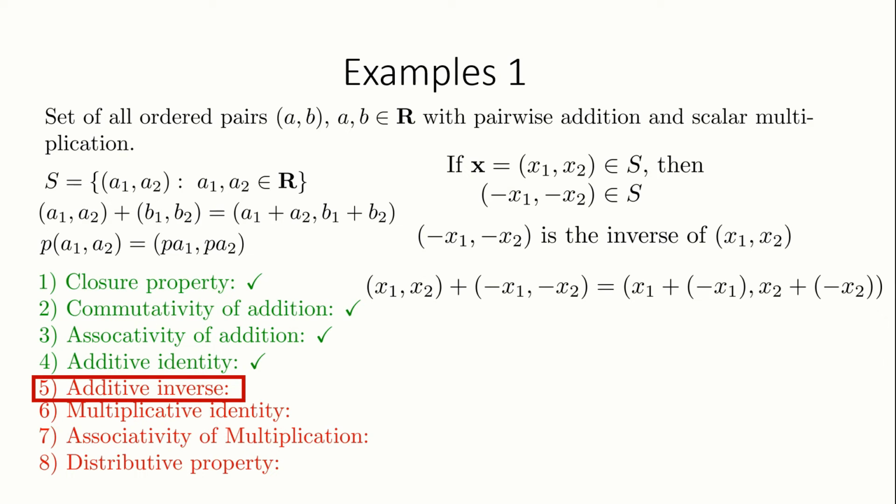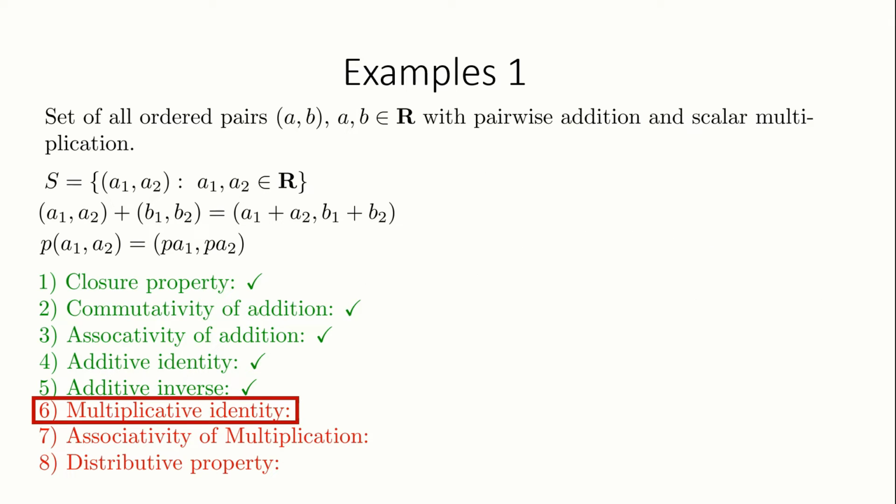Let's add them together to see if their addition is the zero vector, and in fact it is the zero vector. Additive inverse for every element of the set S exists. The set S satisfies the fifth property as well.